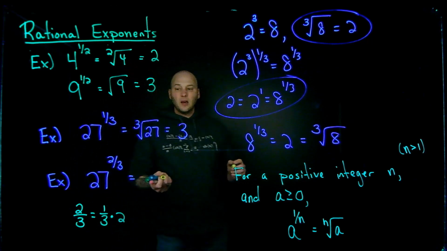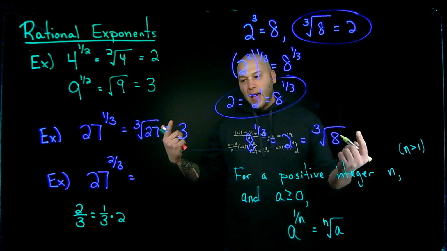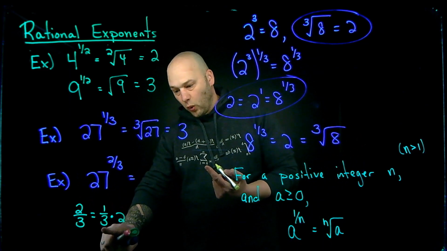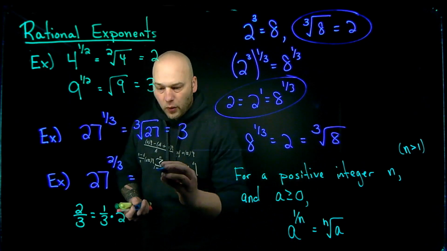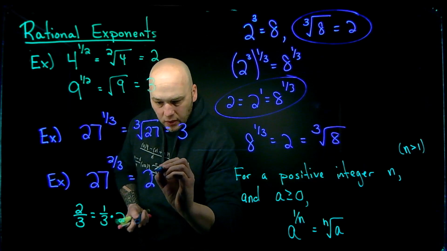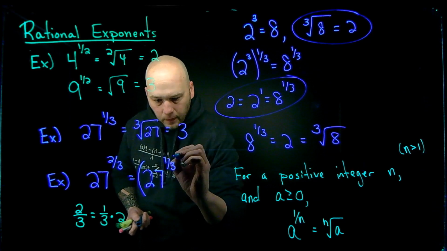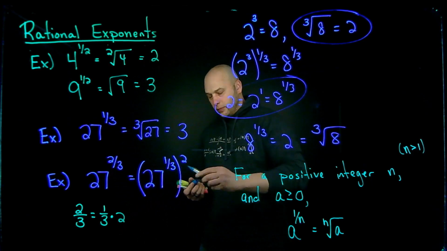So I can think of what two exponents I would have had to multiply together to get 2/3. Well, I could use 1/3 and 2. So therefore, 27 to the 2/3 is 27 to the 1/3 squared, right? Because power to a power I would multiply.